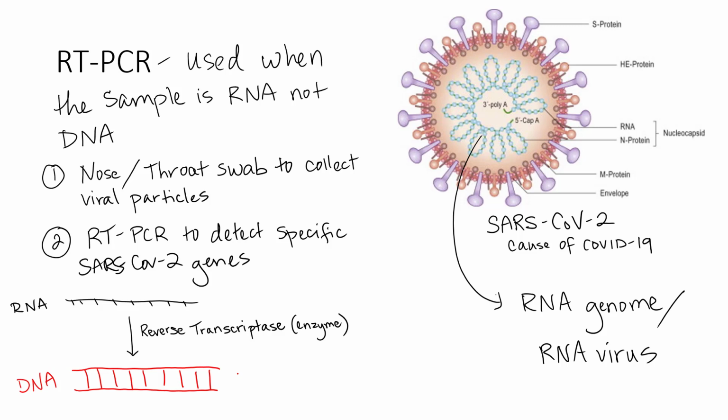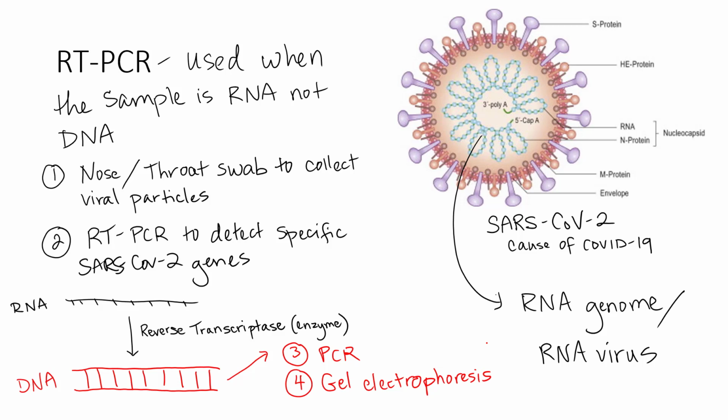Okay, and so that way you can use the viral DNA to do PCR. And then you can use the PCR and then gel electrophoresis to detect the specific genes involved.